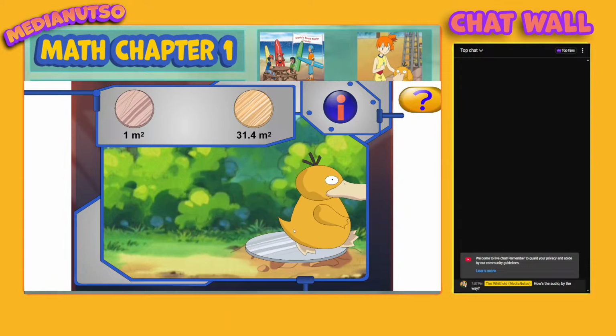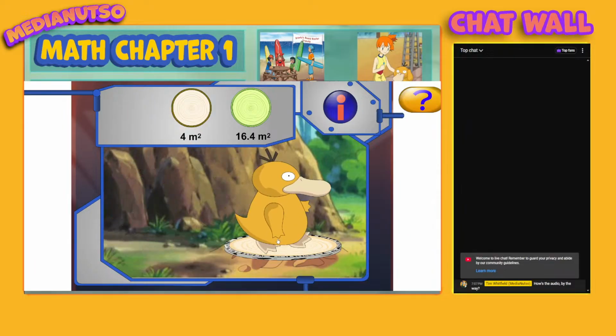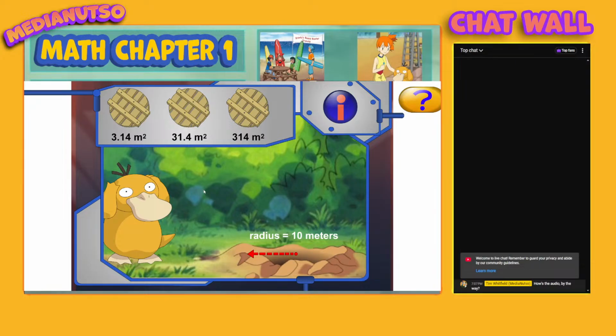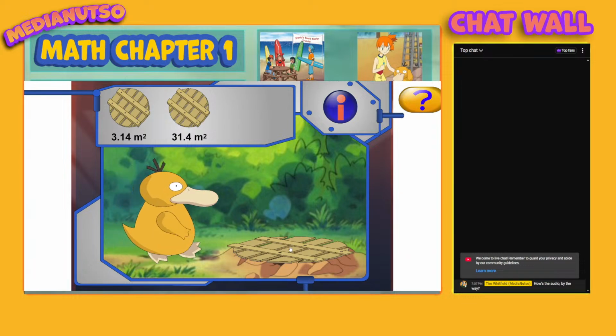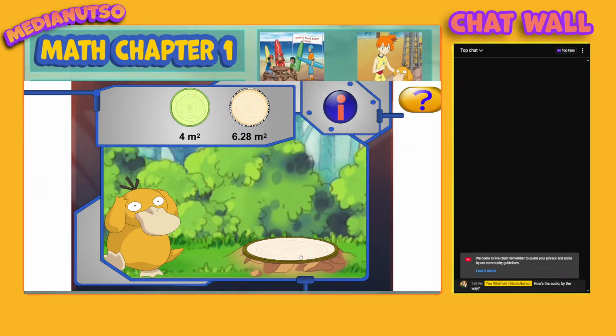Awesome! Here are more holes to fill. Excellent! Help Psyduck! Fill these holes with more circles. Awesome!